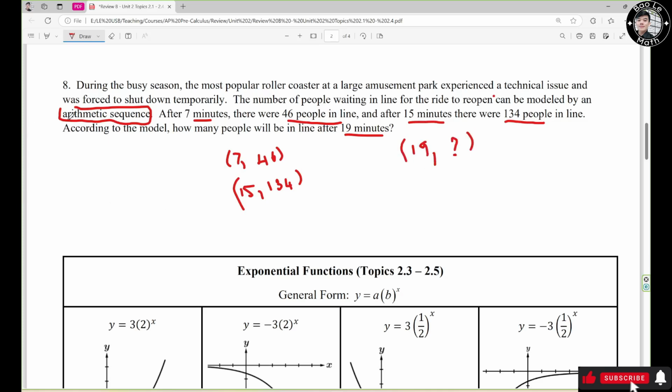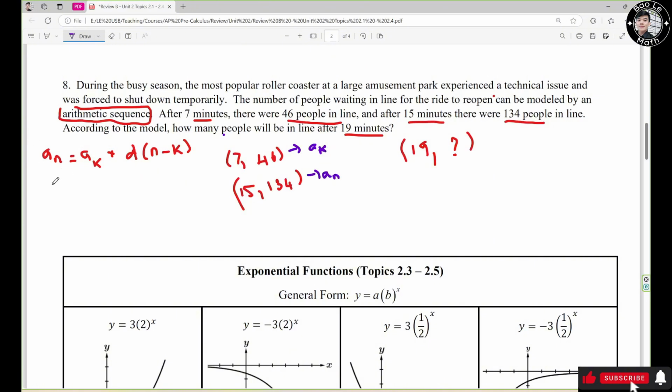Now, because it's an arithmetic sequence, the formula is a sub n equals a sub k plus common difference times n minus k. We can use this one as a sub k and this one as a sub n to find the common difference.